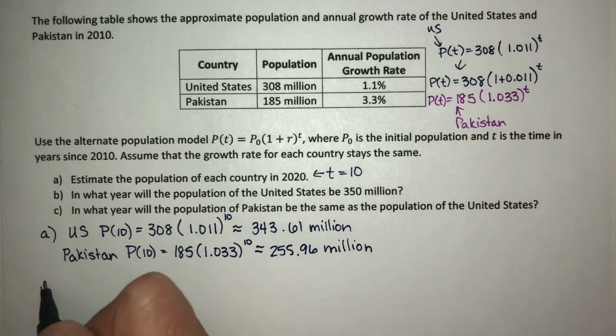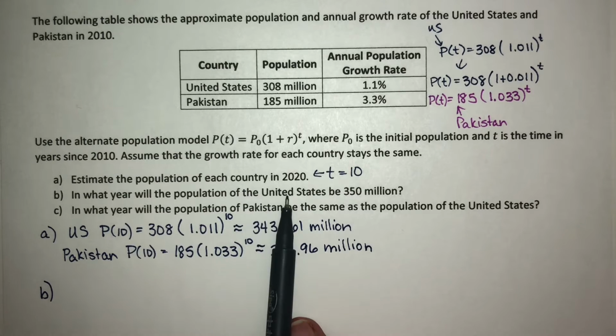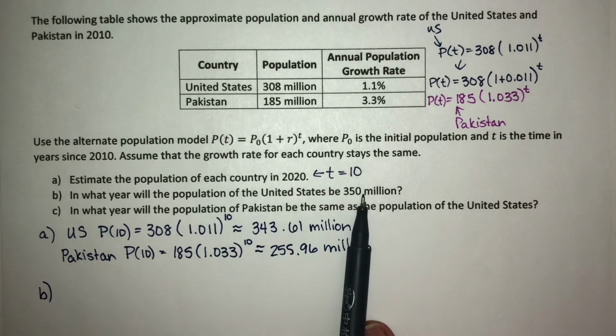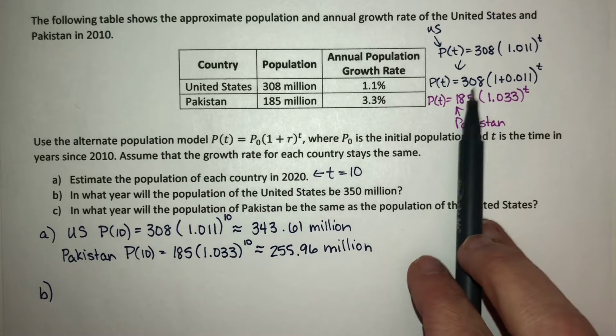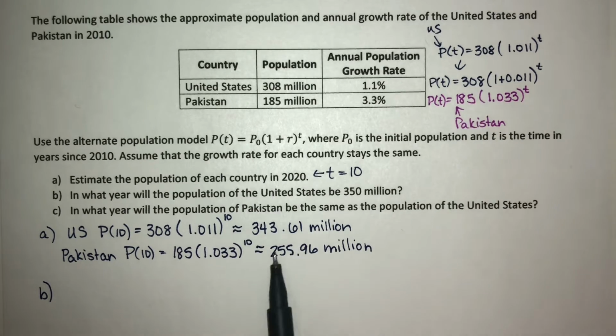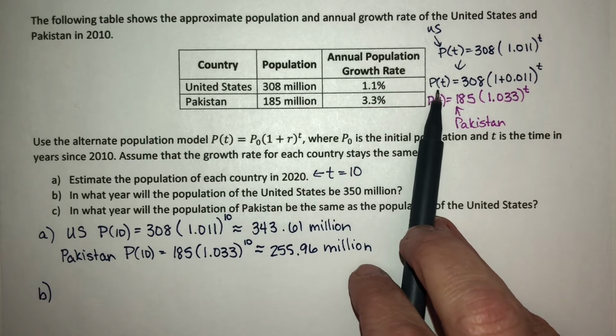For part B, in what year will the population of the United States be 350 million? I'm going to use our United States function, and I want it to equal 350, so I put 350 right where the P of t is.